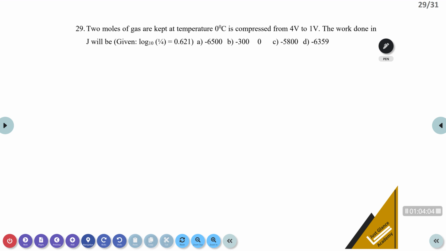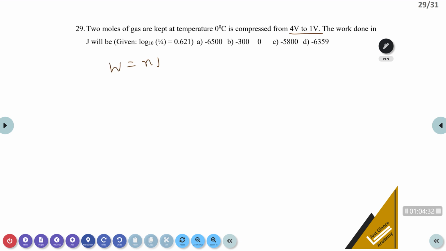2 moles of a gas kept at temperature 0 degrees Celsius is compressed from 4 volume to 1 volume. Work done is negative, students. Of course, all are negative here. What process is it here? Temperature is 0 degrees Celsius, so it is an isothermal process.